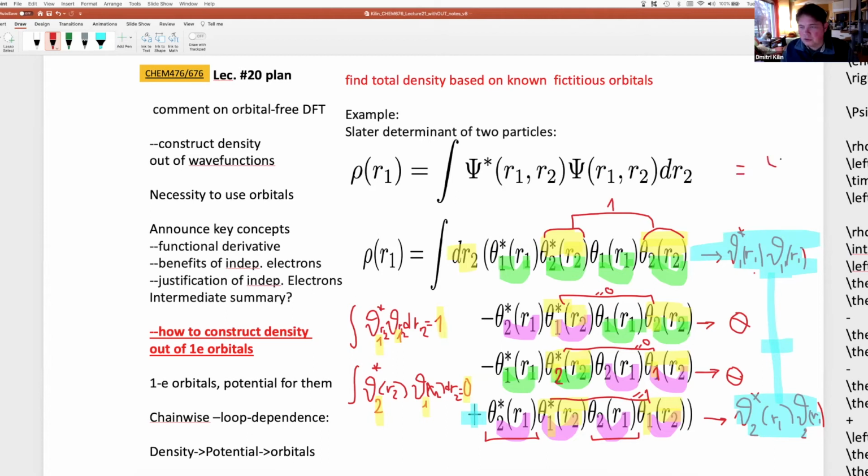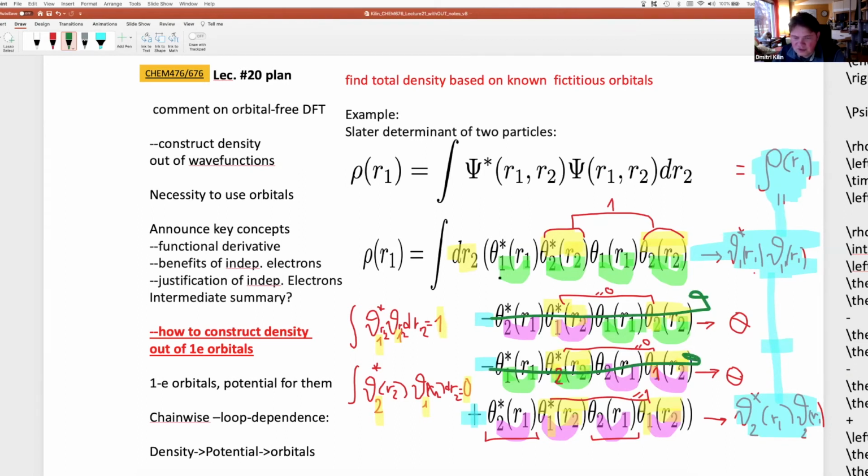So here we got the density of all electrons evaluated at point 1, equal to, so through our integration, we removed a lot through the orthogonality property. We removed a lot of terms. We completely removed two lines.